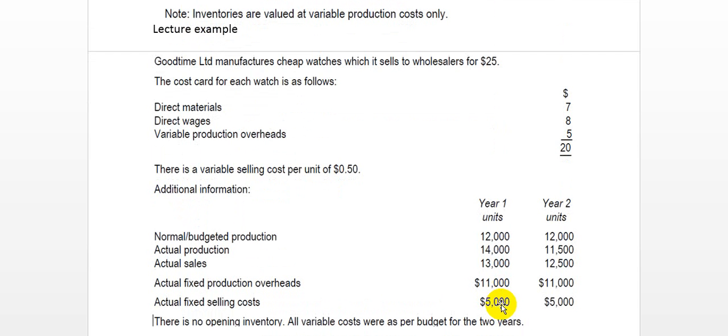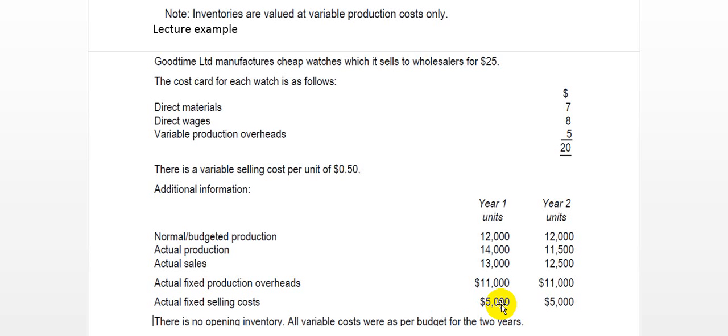We will illustrate in this question. Good Times Limited manufactures cheap watches which it sells to wholesalers for $25. You are given a cost card there for each watch. You've got the direct materials, direct wages, variable overheads.